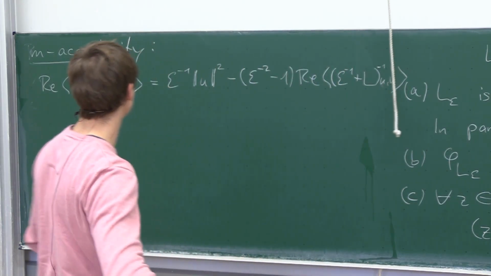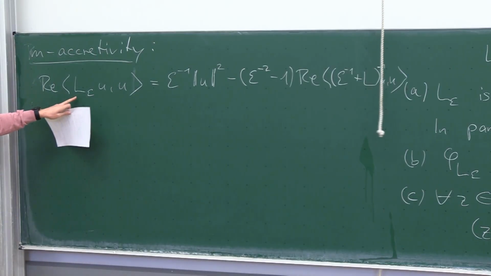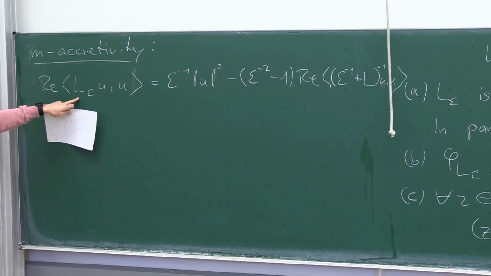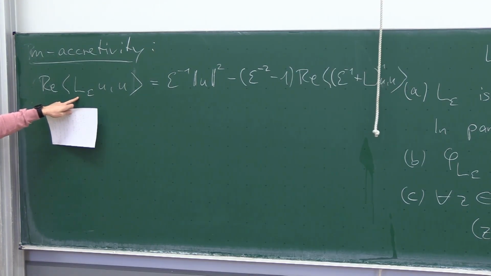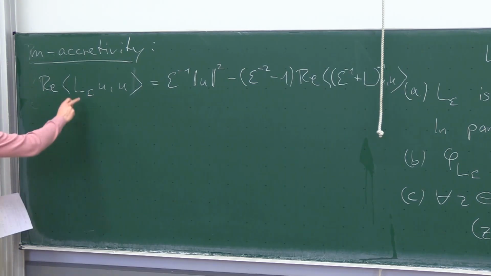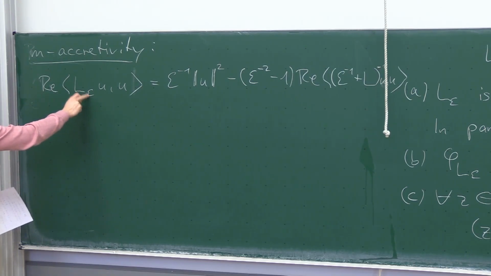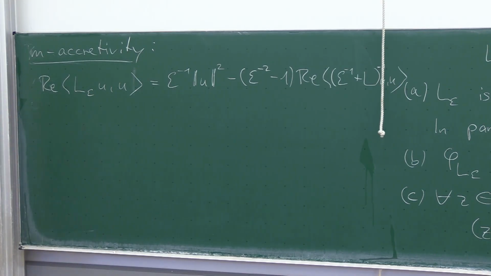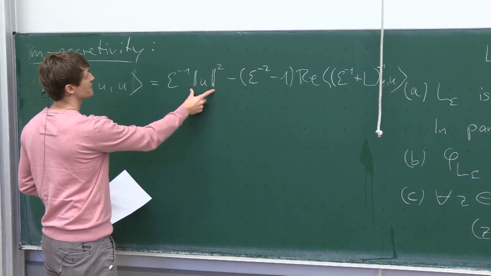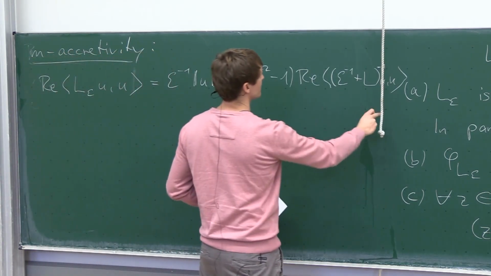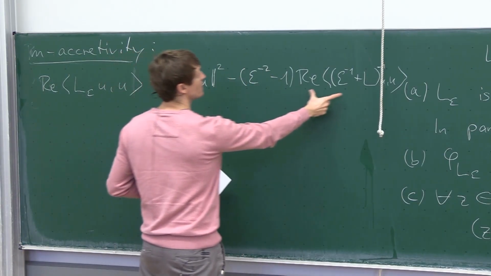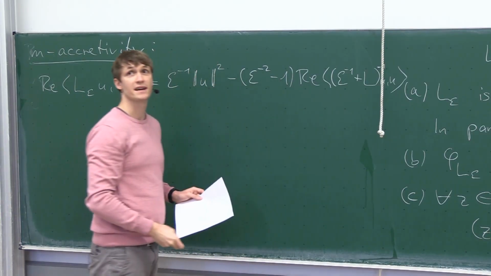Okay. And now in order to prove M accretivity, we would like to derive a bound from below of this expression, and we would like to show that this is a positive quantity. But we also want to prove M accretivity for L epsilon minus epsilon, so we need some proper bound from below by epsilon times the L2 norm of U squared, essentially. And we have here already some L2 norm of U squared, and here we have this inner product, and we can estimate this whole term from below by making this expression larger.